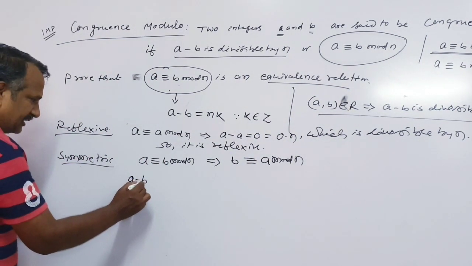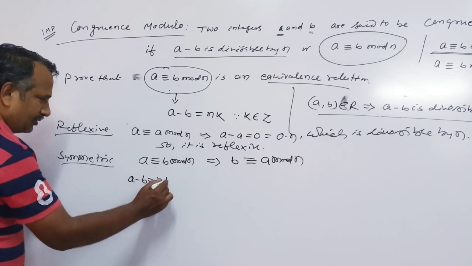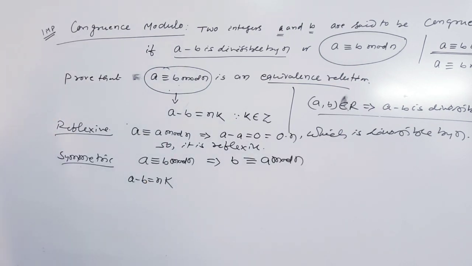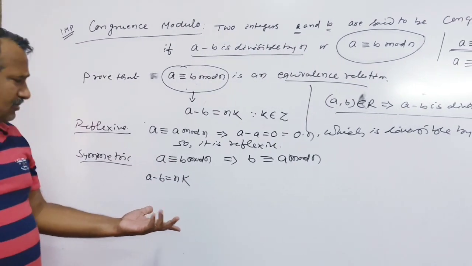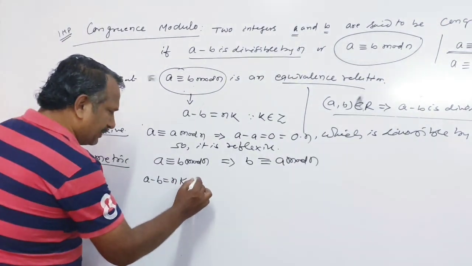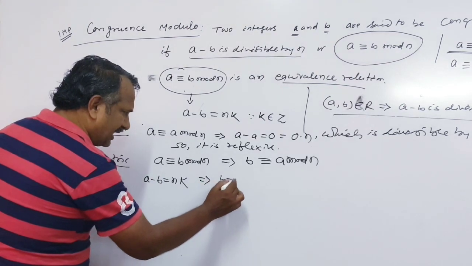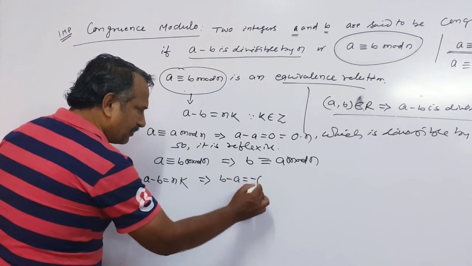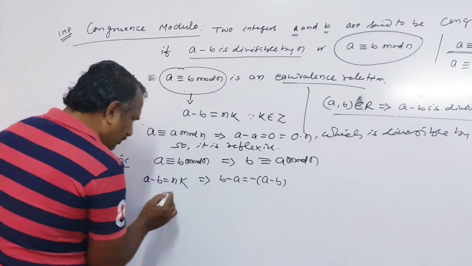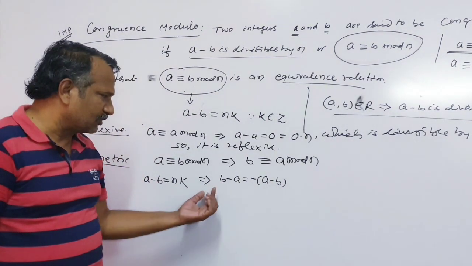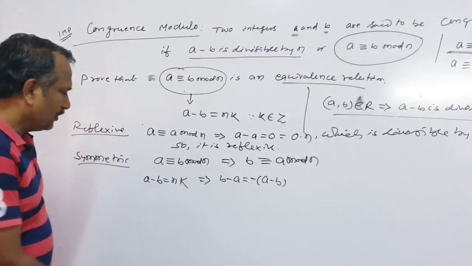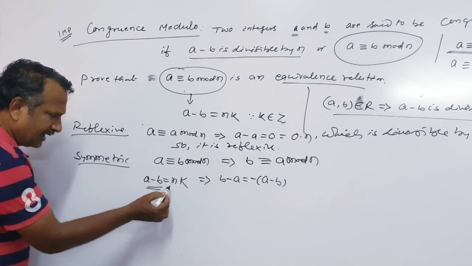Now this is given: a minus b equals n into k, where k is an integer. Let us say n equals 2 and k equals 3, so 2 into 3 is 6, divisible by 2. That means b minus a equals minus of (a minus b). If you take out minus common, b minus a can be written as minus (a minus b). What is a minus b? nk.